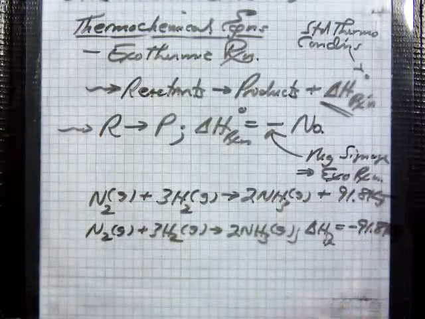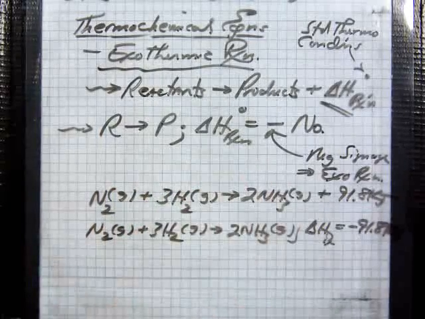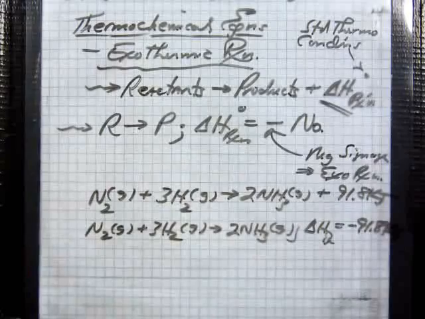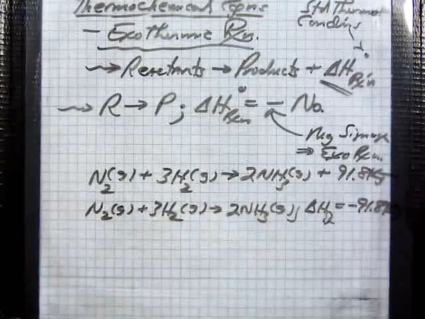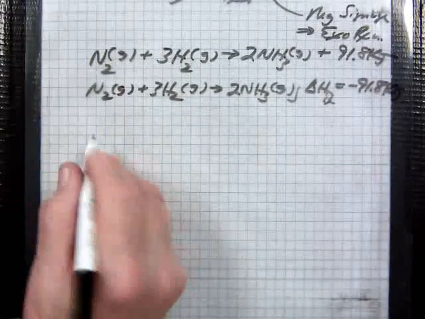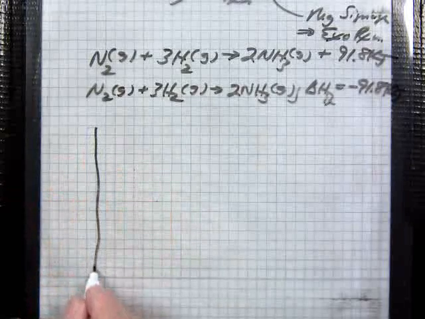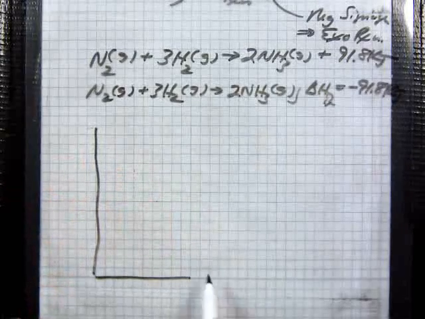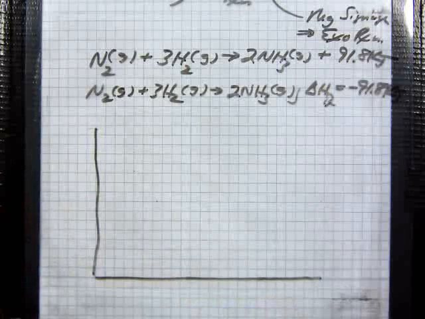Okay? I can go ahead and do the transition state curve, and then we'll do one for the endothermic. Okay, so I'm going to put this up here like this. What the transition state curve shows is positional energy of the reactants and positional energy of the product along with the transition state energy.